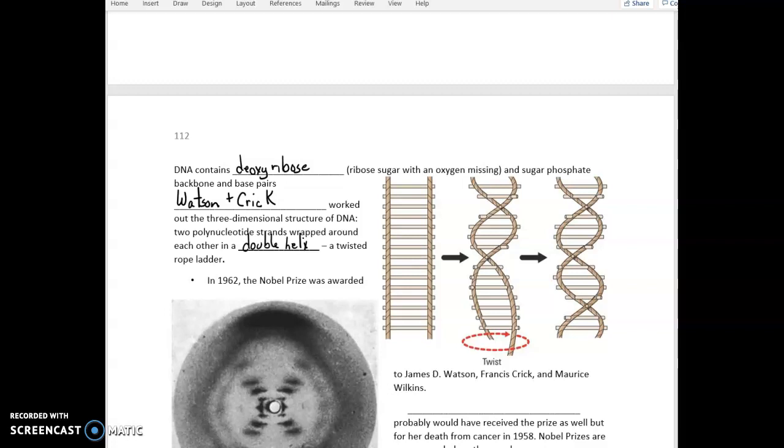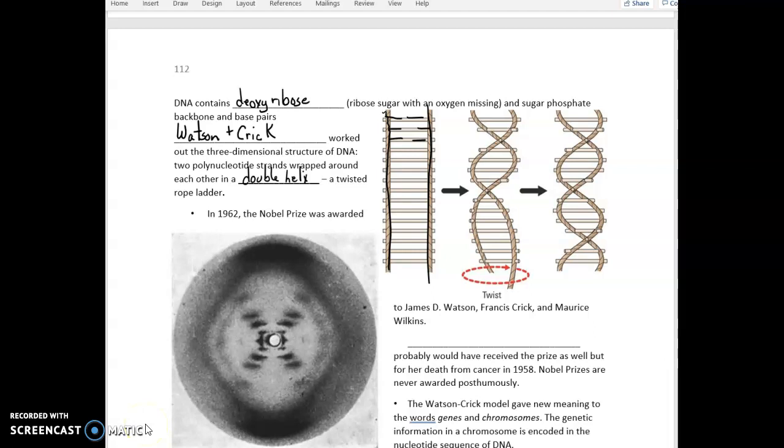So here we have the sugar and phosphate backbones, and these are the base pairs, one coming from each side, and then they're twisted together. They won the Nobel Prize along with Wilkins in 1962.